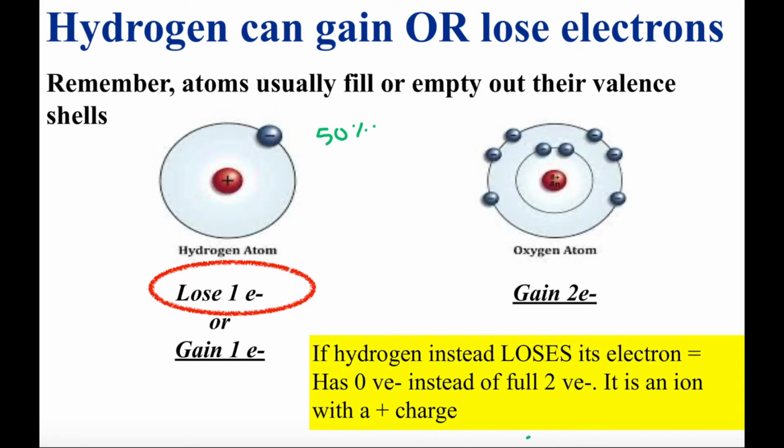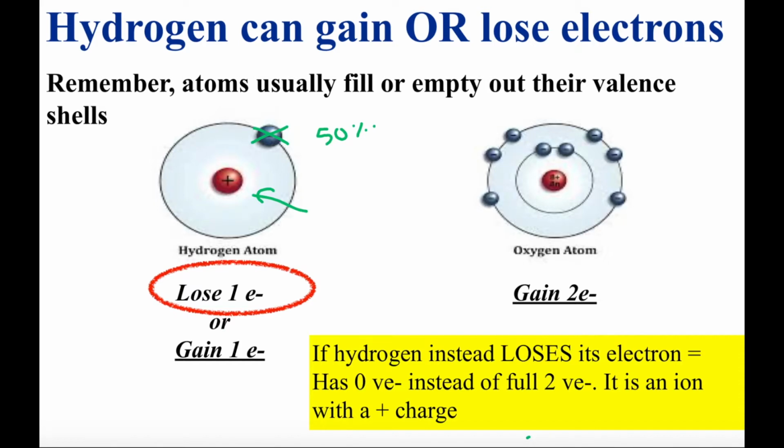Hydrogen more often wants to gain 1 electron through bonds, especially covalent bonds, but sometimes it can lose its electron and give it away, and instead it's just a pure hydrogen proton, and that sometimes occurs.